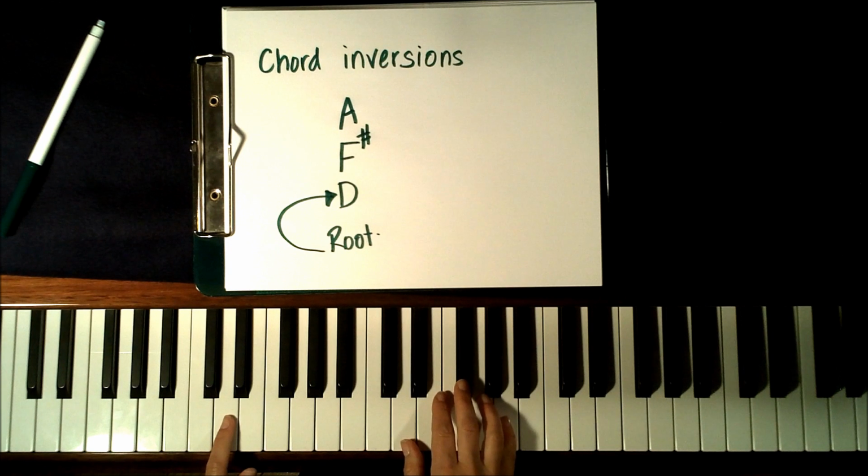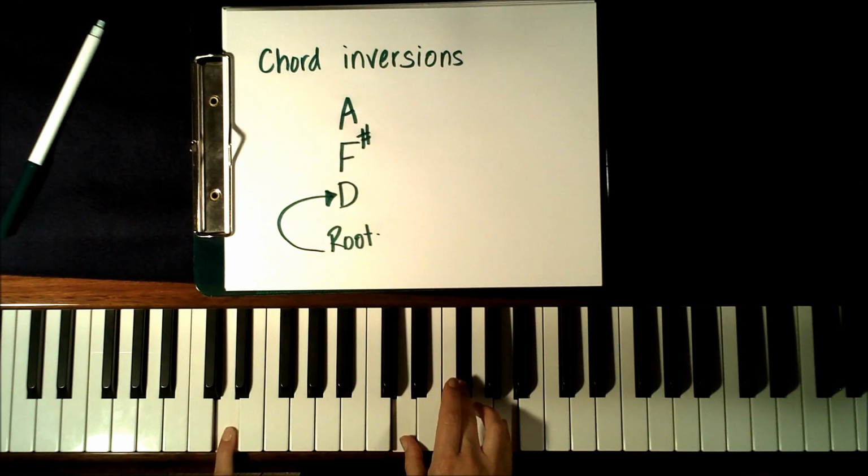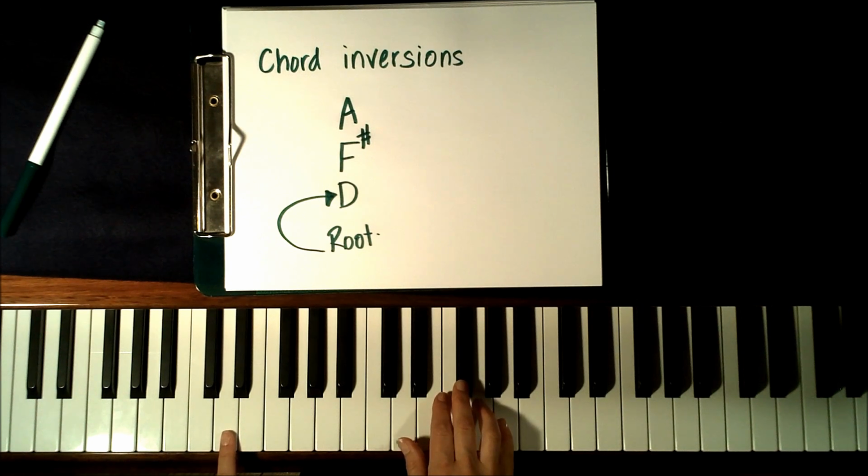And my left hand can play D on the bottom, playing it in root position. I can also play the same 3 notes, D, F sharp, and A, but I can play them with D not on the bottom. I can take D from the bottom and move it to the top.